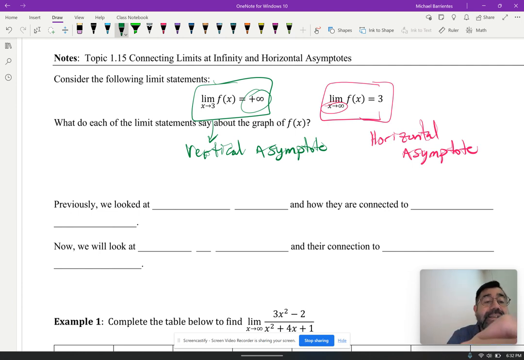Previously, we were looking at infinite limits and how they're connected to vertical asymptotes.